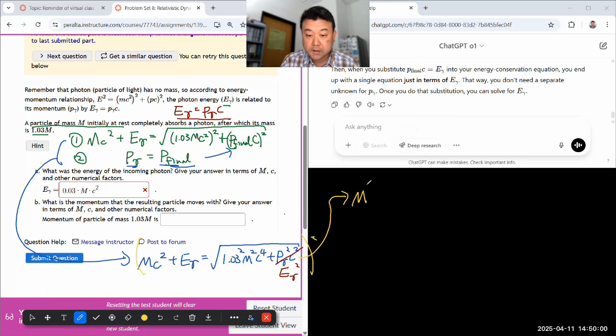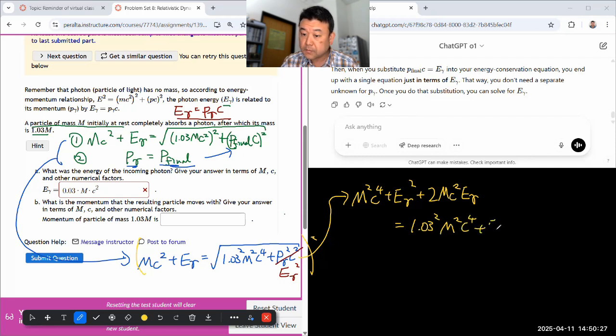So I'll have m squared c to the fourth plus E gamma squared, and then the cross terms, plus 2 mc squared E gamma. I think this squared term will cancel, so the square root will go away. I've got 1.03 squared m squared c to the fourth plus E gamma squared. These will cancel. So great, I don't have to use the quadratic formula. I can just solve for E gamma.